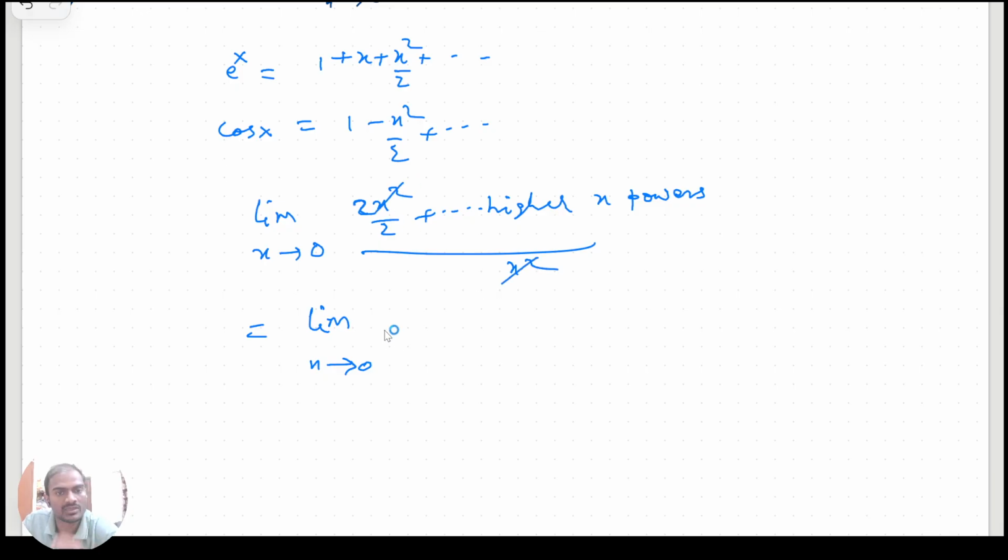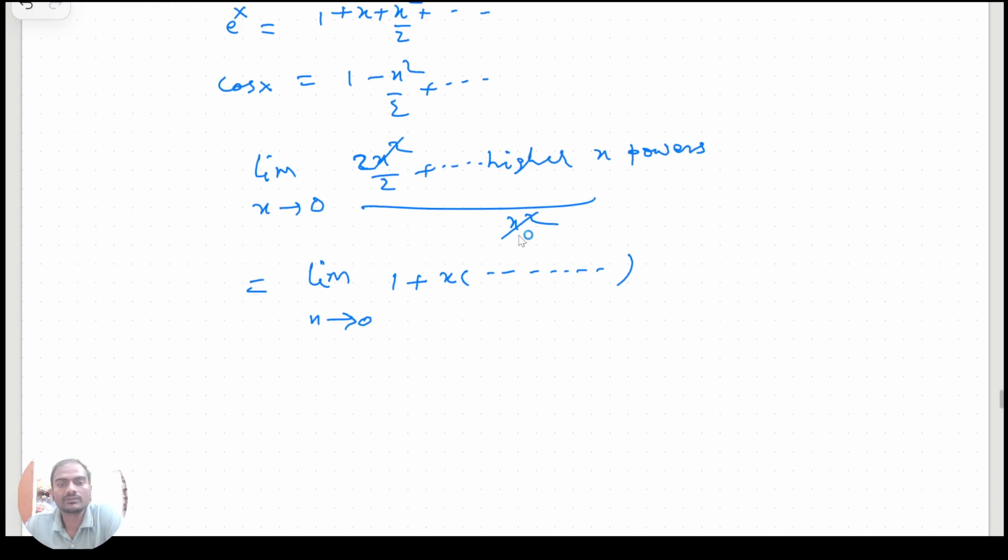If we divide, then we will have 1 plus some x; x will go away from these higher terms also, but some power of x will remain, right? Since this is higher than x square, even if we divide by x square, we will have at least one x left. So if we put x equal to 0 here, everything will go to 0 except this one, right?